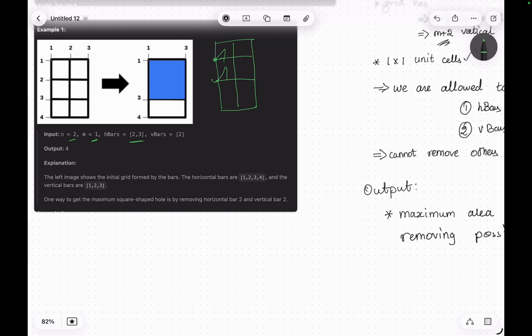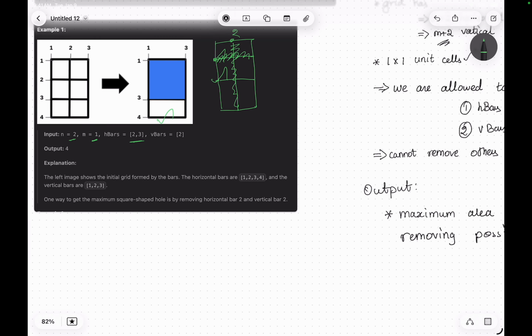And vBars we can remove only 2. So in case we are removing the vertical bar 2, and we are removing the horizontal bar 2, that will result in this particular grid.